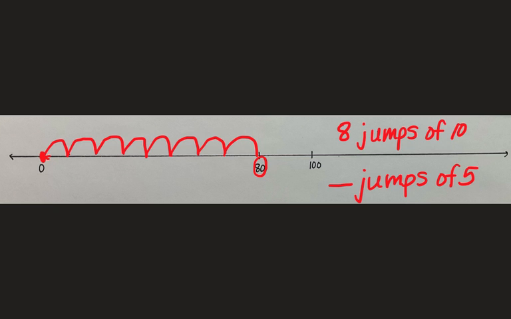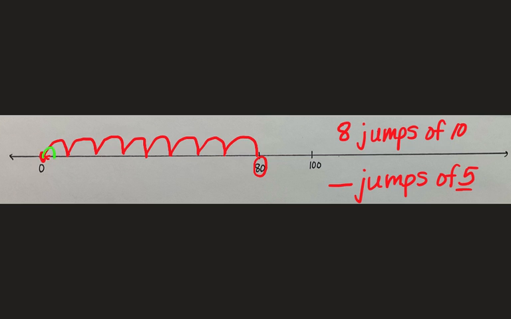An adult has longer legs and can make fewer steps to get to the same place. A child may have to take twice as many steps to get to the same place because their legs are shorter. So if I'm making jumps of 5, those are shorter jumps.